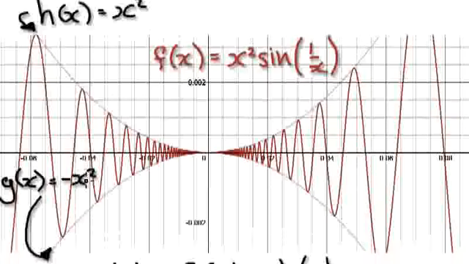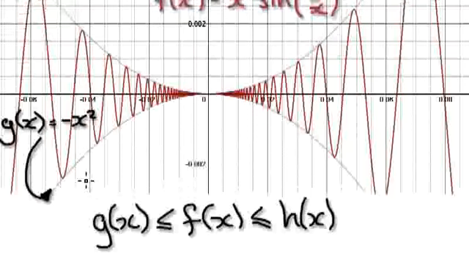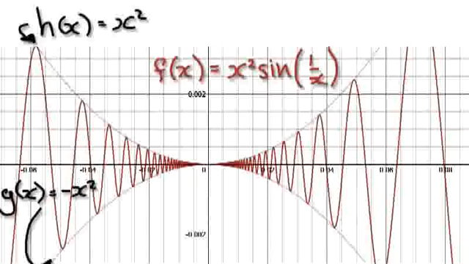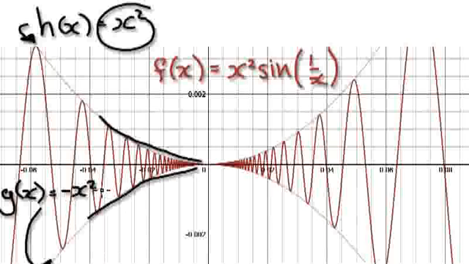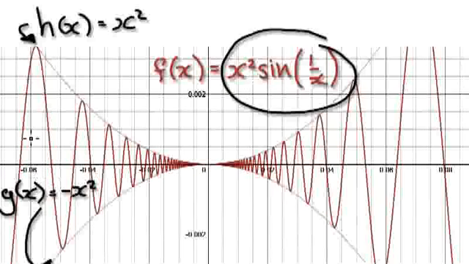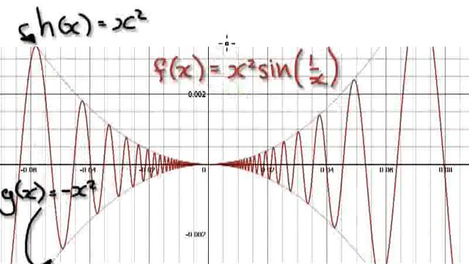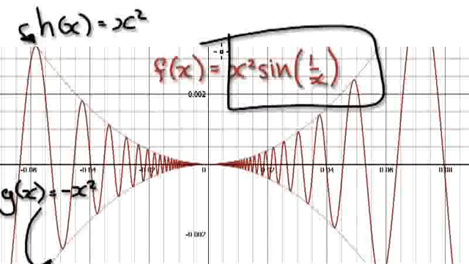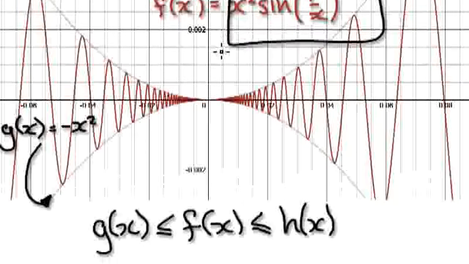The whole point of the squeeze theorem is that if you know the limit of this, let's look at the limit as x heads towards 0. The limit of this as x heads towards 0 is 0, and the limit of this here is also 0. Then because this thing is in between the two, you can also say that this thing heads towards 0. I know it's a bit confusing.